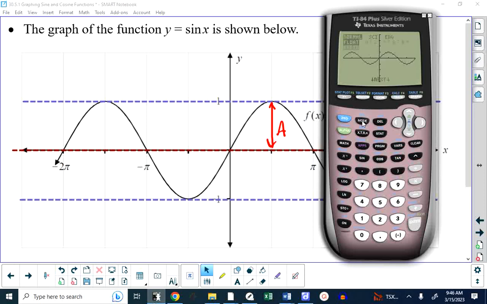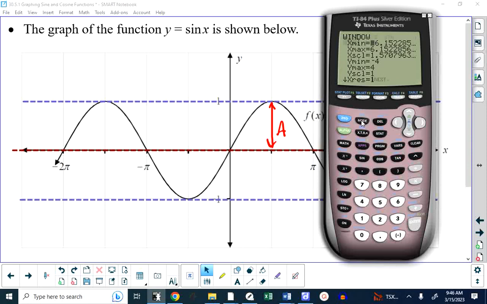I am in radians, so in my window settings, it set it up from negative 2 pi to 2 pi. It's not exact, and I don't know why they don't go negative 2 pi to 2 pi. They go a little bit further in, but that's basically what it does.